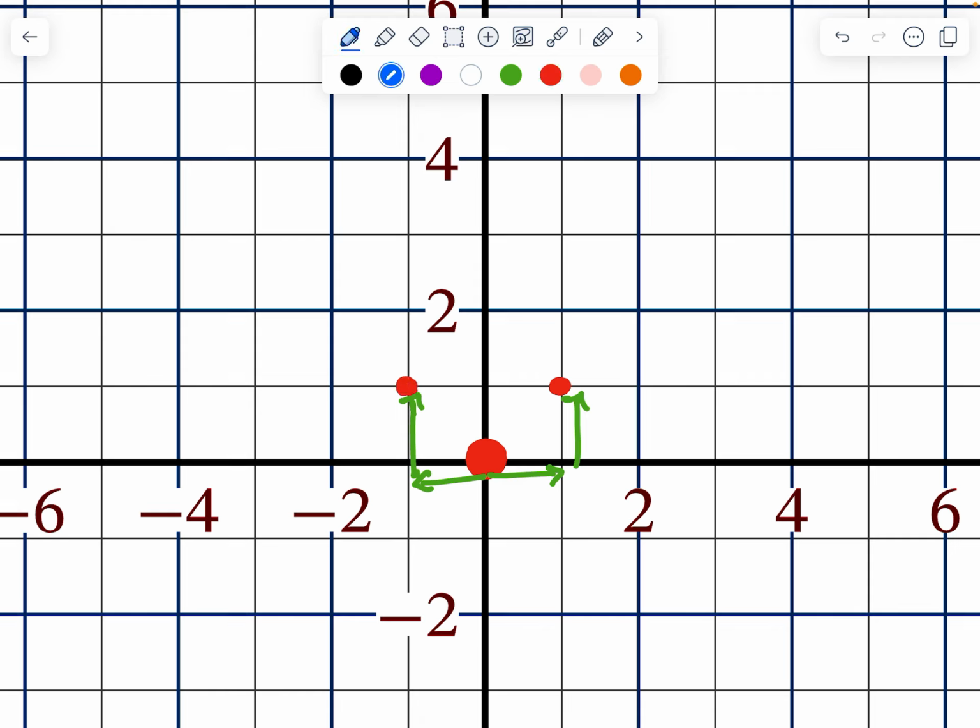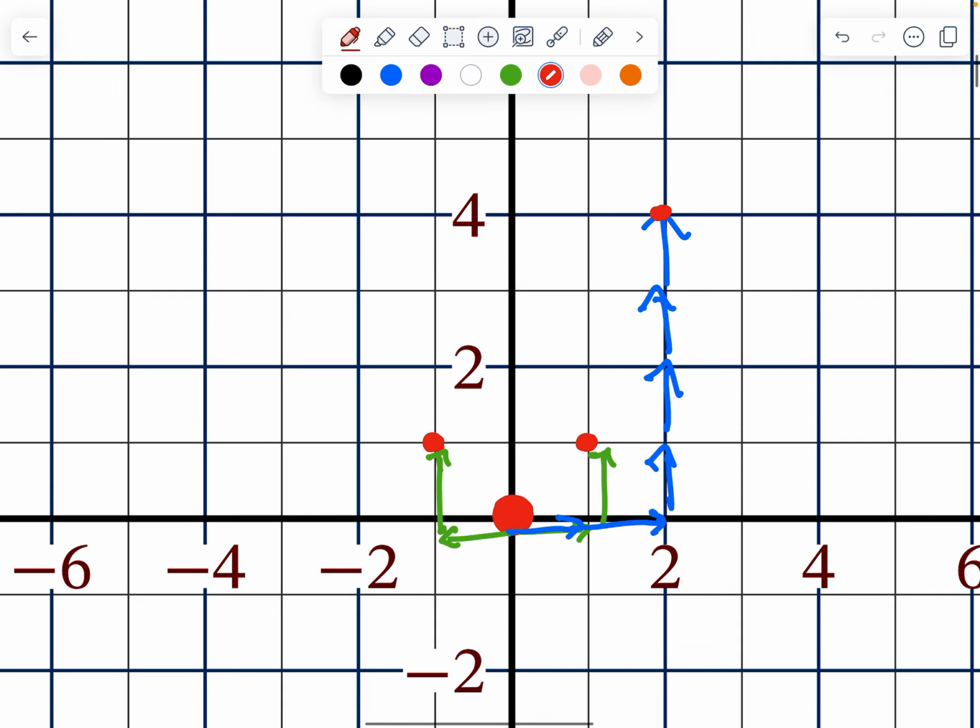Then the next one after that is over 2, up 4, and the same on the other side.